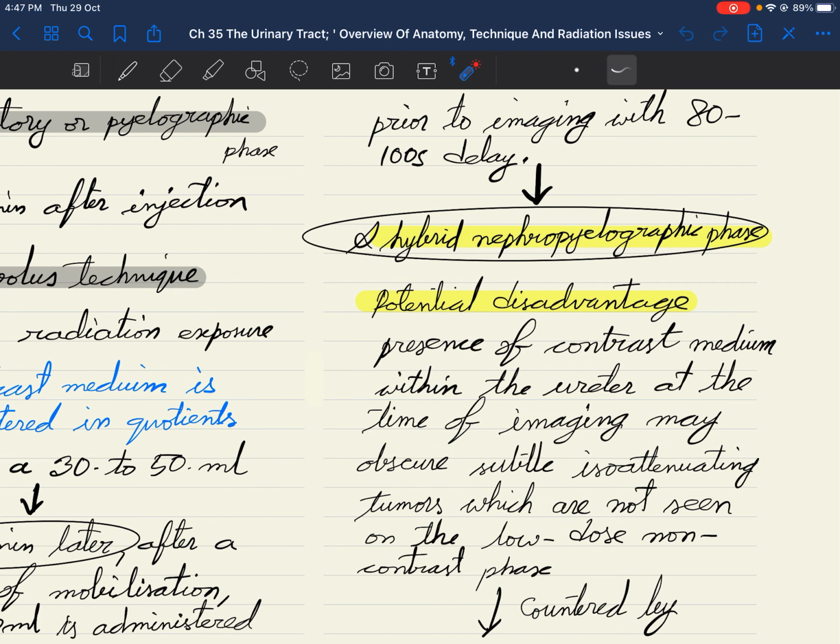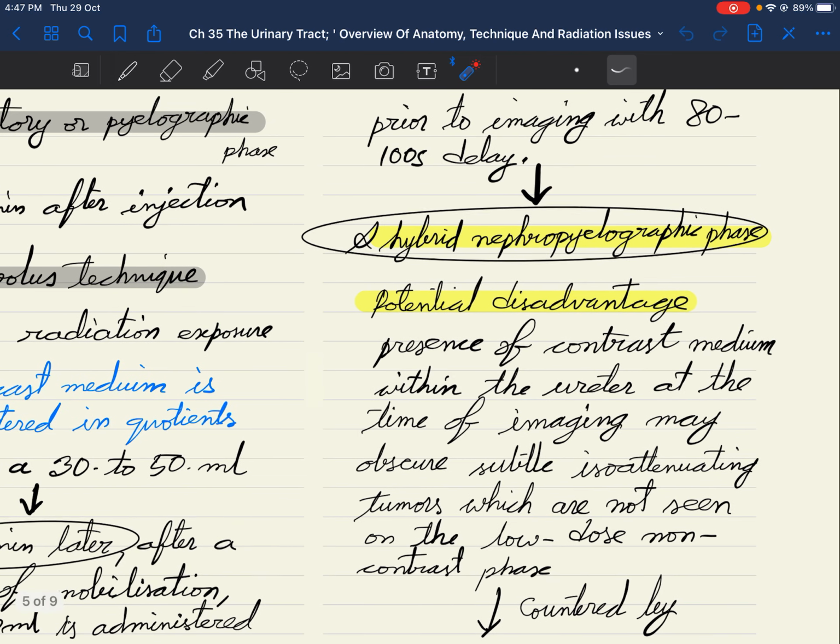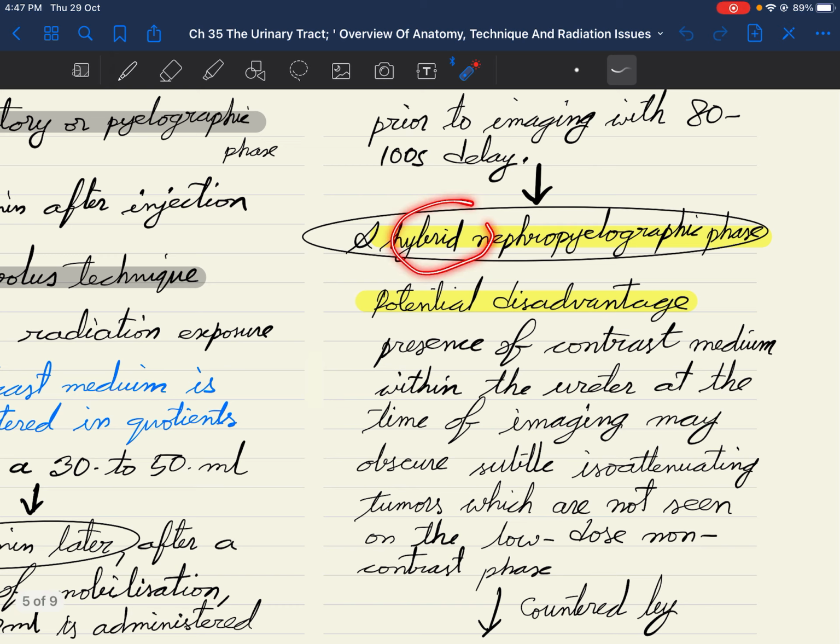So lastly, we get the hybrid nephropyelographic phase. It is hybrid because in this single phase we can see the kidney and also the collecting system, the pyelo. But there is a disadvantage of this hybrid technique.